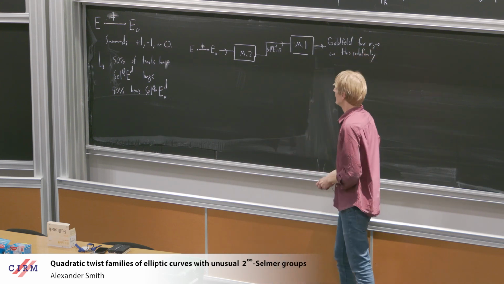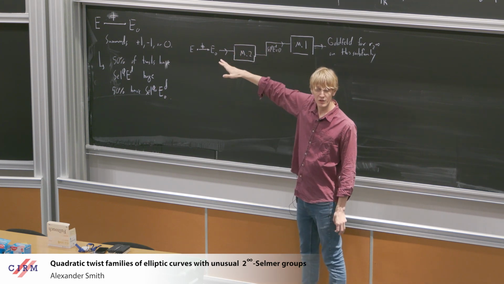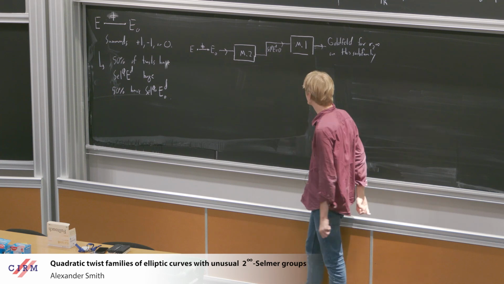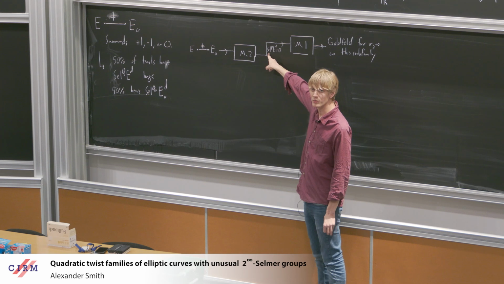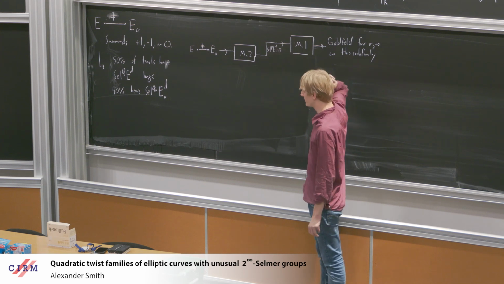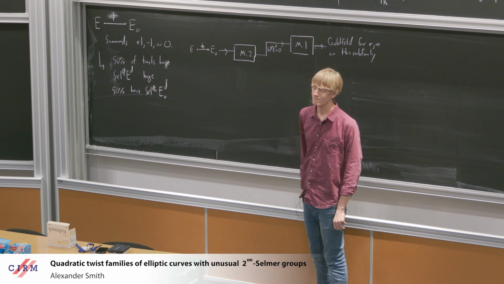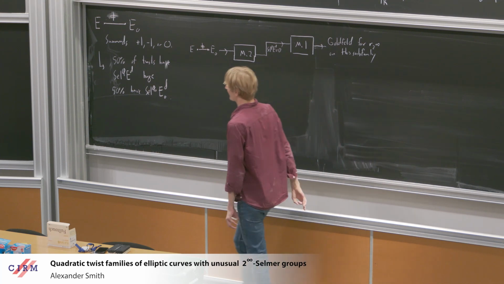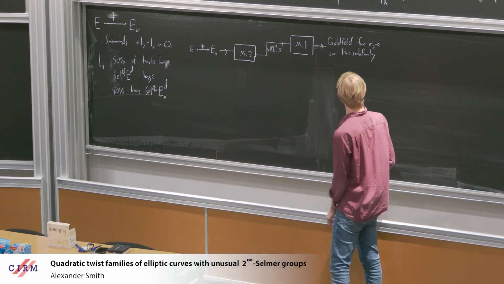If we apply machine 1 to the output of machine 2 directly, we find that among the elliptic curves where the φ Selmer group is equal to 0, the 2^∞ Selmer groups behave as we expect. And that tells us that we have this 50-50-0 distribution for the 2^∞ Selmer ranks at the end of the day.